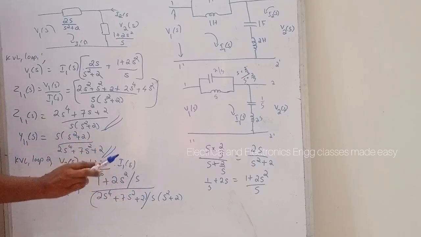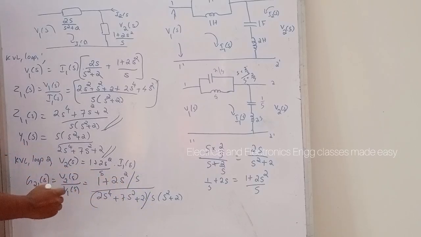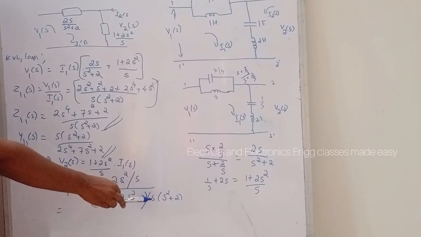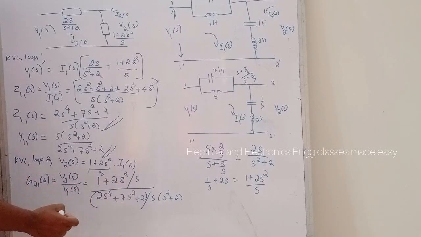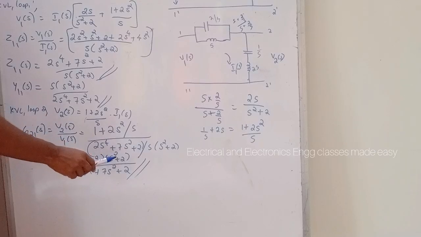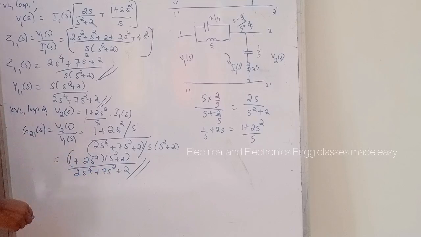So I1 of s gets cancelled and here we can cancel this s and rearrange this one. So we will get, and here this (s square plus 2) will be in the numerator. So G21 of s is equal to (1 plus 2s square) into (s square plus 2) divided by (2s raised to 4 plus 7s square plus 2).